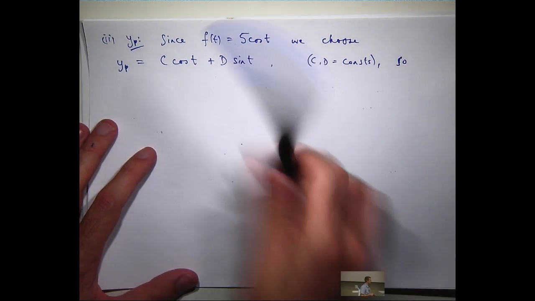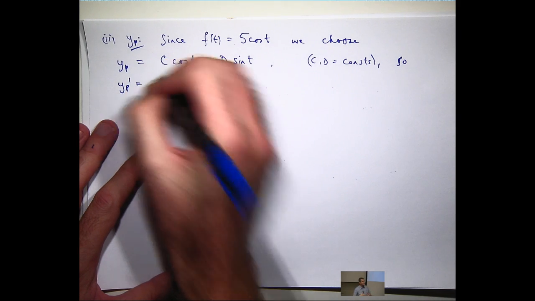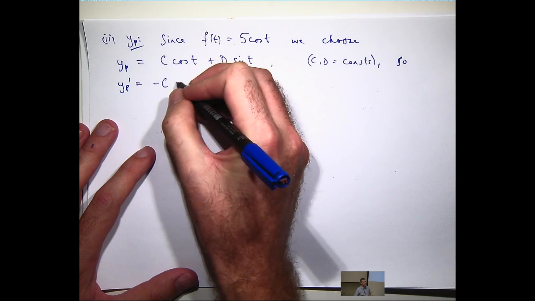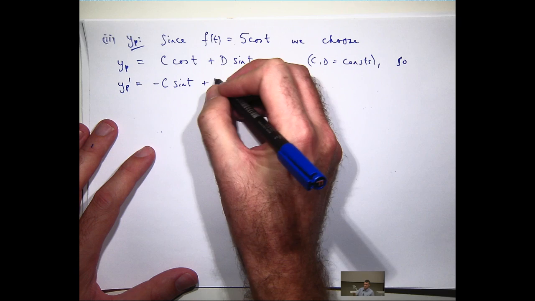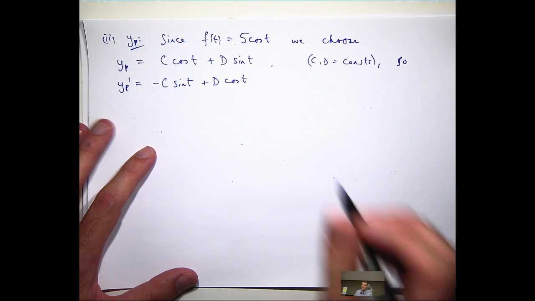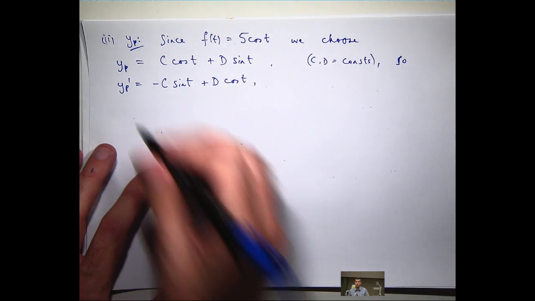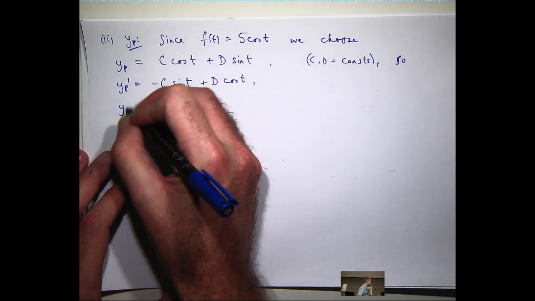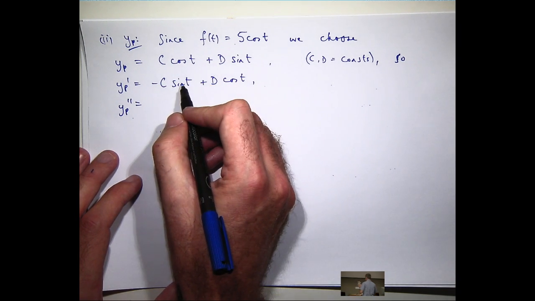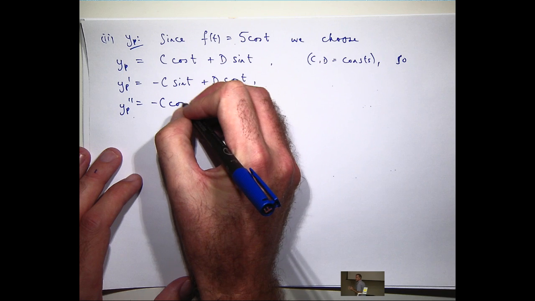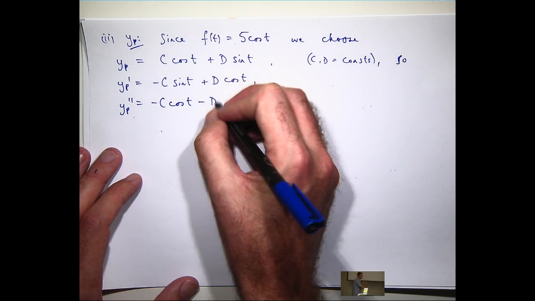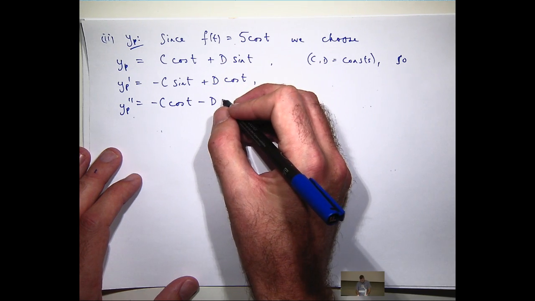So let's differentiate here. So I'm going to get minus C sine t plus D cosine t. And let's differentiate again. Sine's going to go to cosine. Cos is going to go to negative sine.